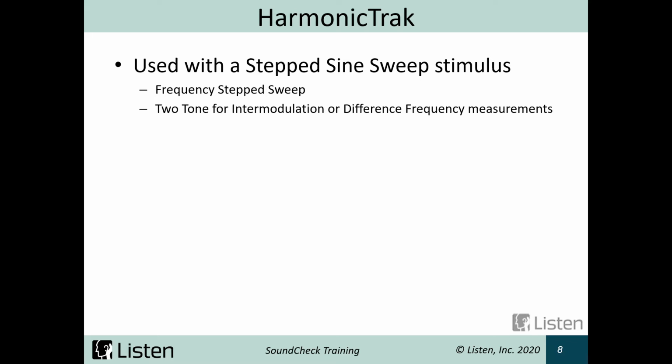We can use a frequency step sweep, which is a step sine sweep. We'll also call it a sweep in SoundCheck stimulus terms, or a two-tone stimulus. A two-tone stimulus can either be intermodulation or difference frequency.